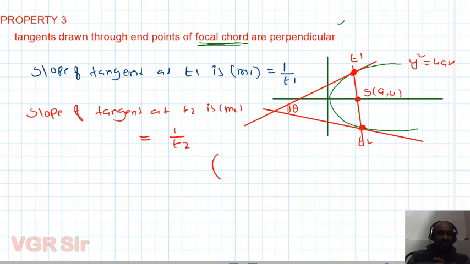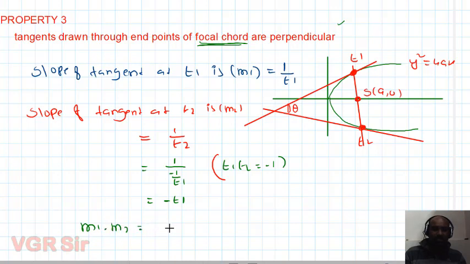But the important thing is that t1 and t2 are the extremities of the focal chord. That's why t1 into t2 is nothing but minus 1. So instead of t2 I can write minus 1 by t1. Now observe, m1 into m2 equals 1 by t1 into (minus t1), that is nothing but minus 1.